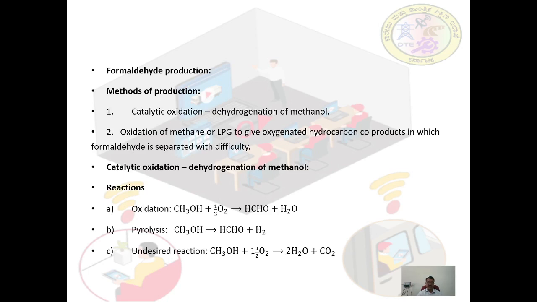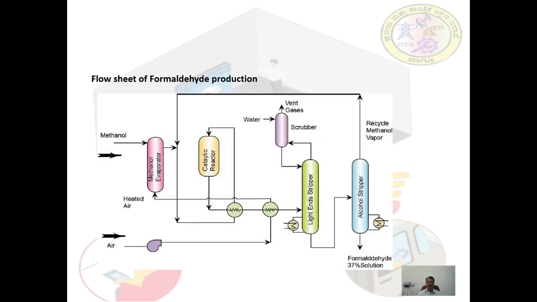The catalyst used in the manufacture of formaldehyde is silver or zinc oxide catalyst on wire gauze. It operates at atmospheric pressure and a temperature of 500 to 600 degrees centigrade.